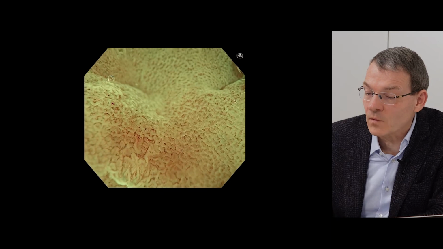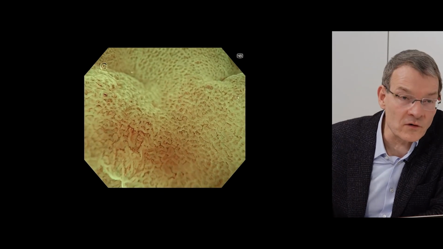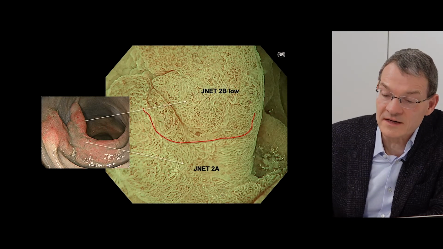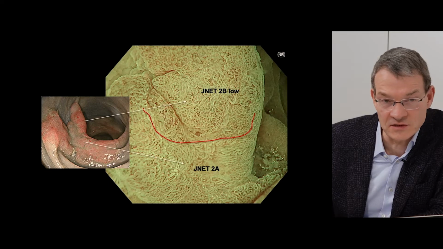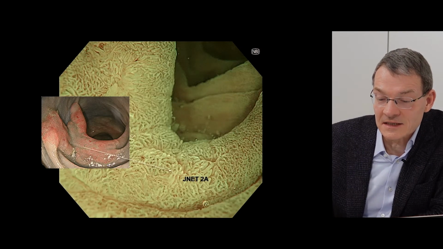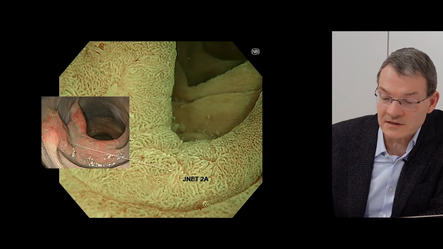So when we follow this JNET classification, I would classify this reddish part as JNET 2B low, and this central area as JNET 2A, more regular.